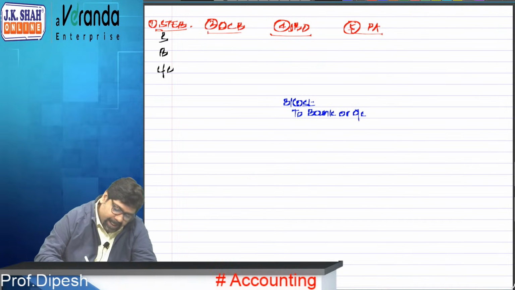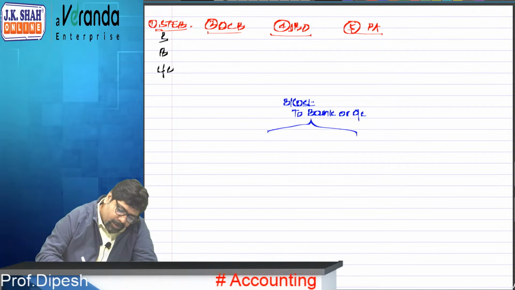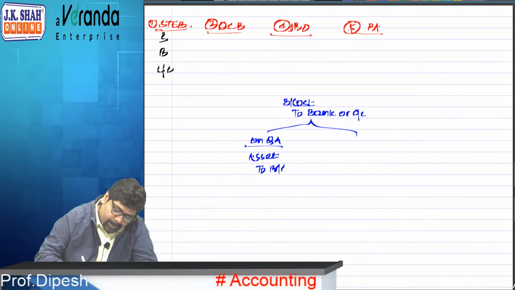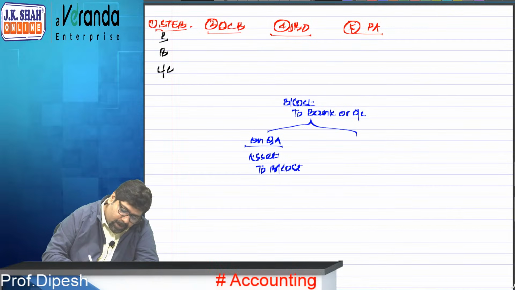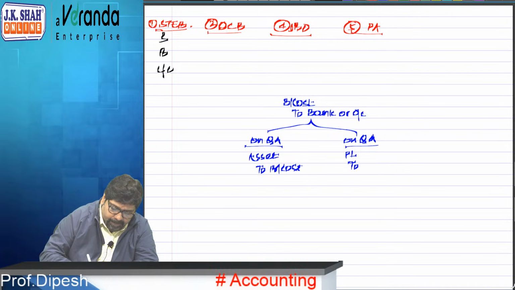Correct? If borrowing cost is on qualifying asset, then it will be capitalized. That means you will transfer borrowing cost to asset. But if borrowing cost is on non-qualifying asset, then you will transfer borrowing cost to P&L.